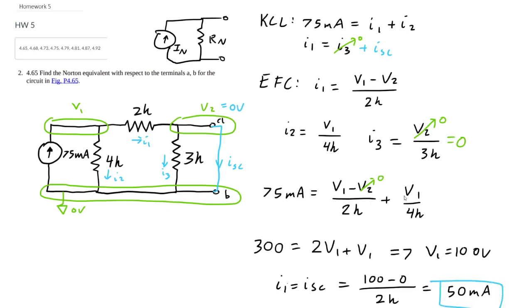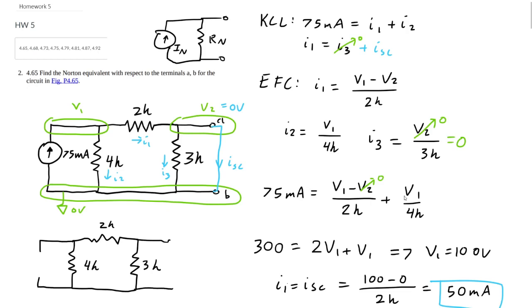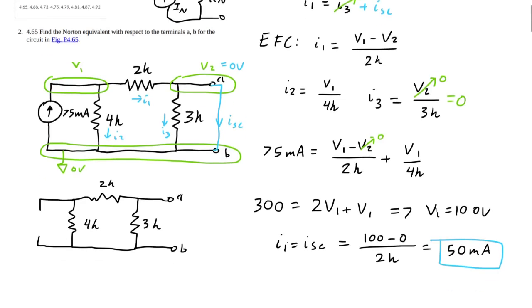And now we can calculate the equivalent resistance, the R Norton. To do that, we're going to redraw the circuit. Here's a 2K, 3K, 4K, and the current source is going to become an open circuit, infinite impedance, and we're going to calculate the R equivalent.